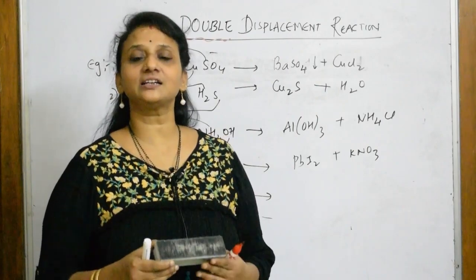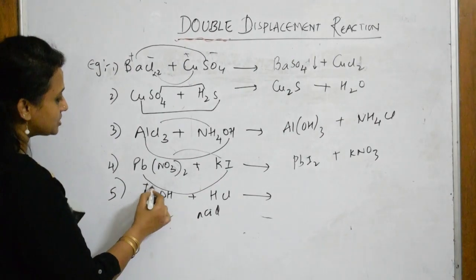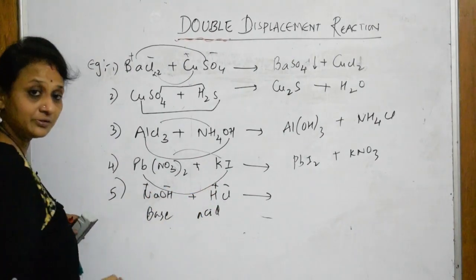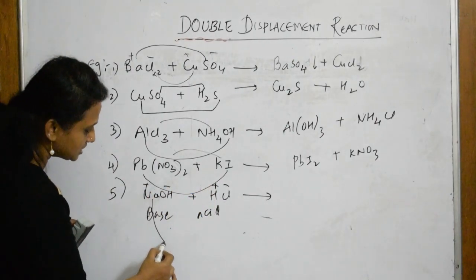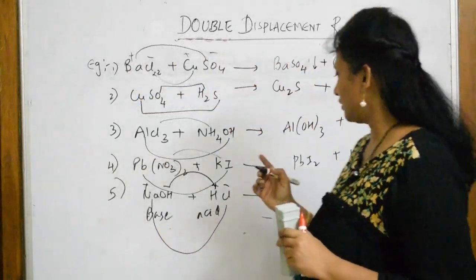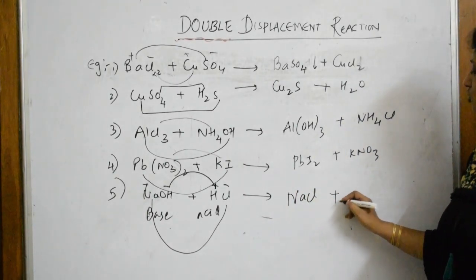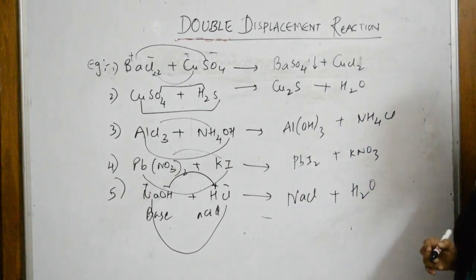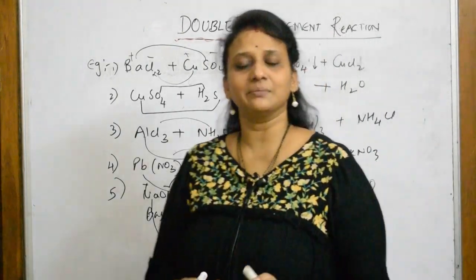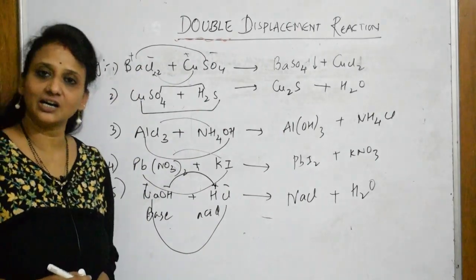You can say directly these are called double displacement reactions. As I said, this is positive, negative, positive, negative. Just now we discussed that the positive combines with the negative and the negative with the positive, forming sodium chloride, the salt formed, and water is formed. So this is how it is given in the exam. Your teacher will give you examples. You need to exchange the ions and do it.